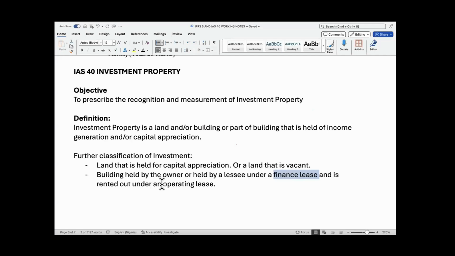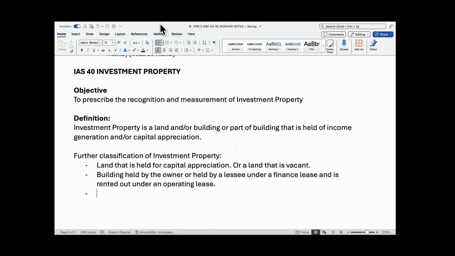Now, you are renting it out under an operating lease, under a short-term lease. That building is an investment property.